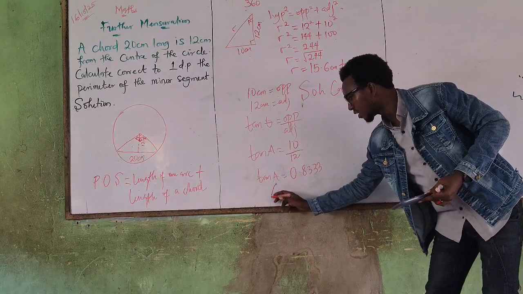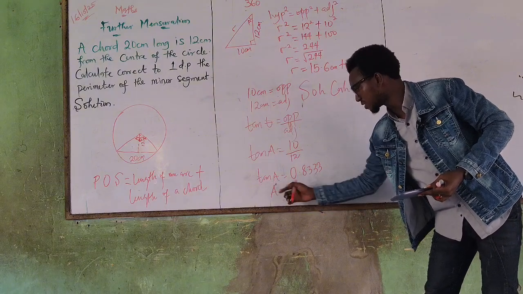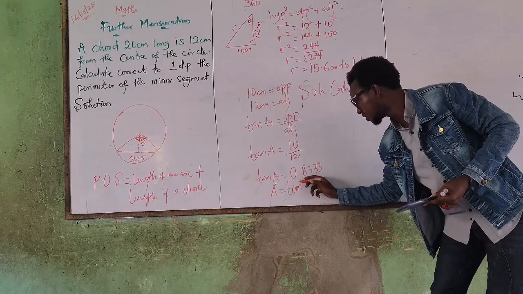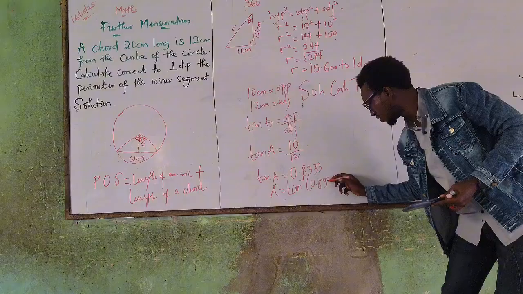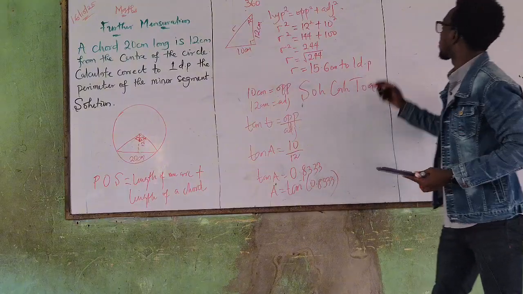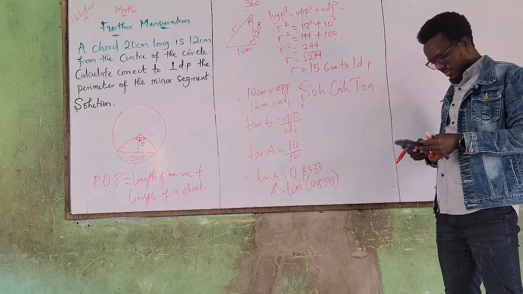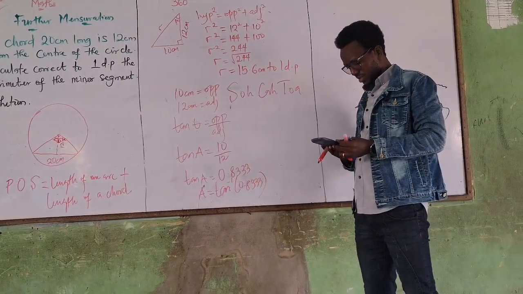Now from this point, when tan comes to the other side, it becomes tan inverse of 0.8333. So from here, we can get our A. So what's the tan inverse of 0.8333?